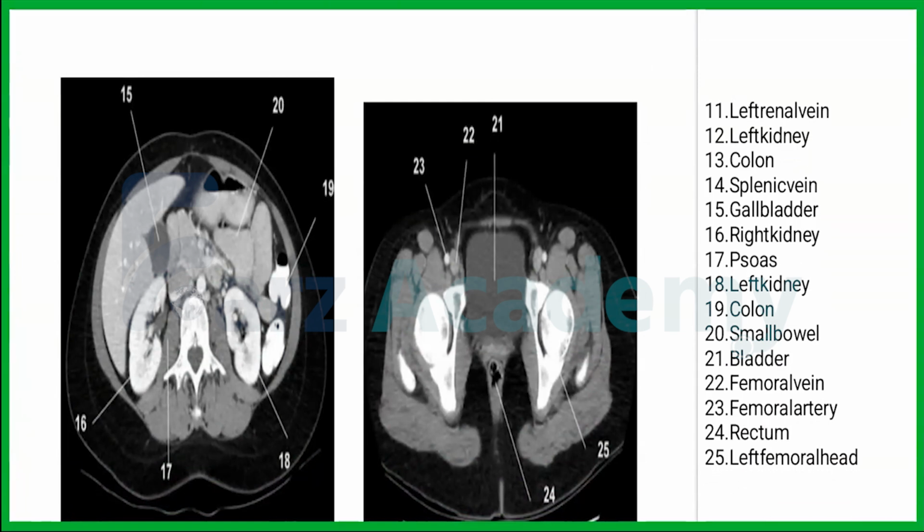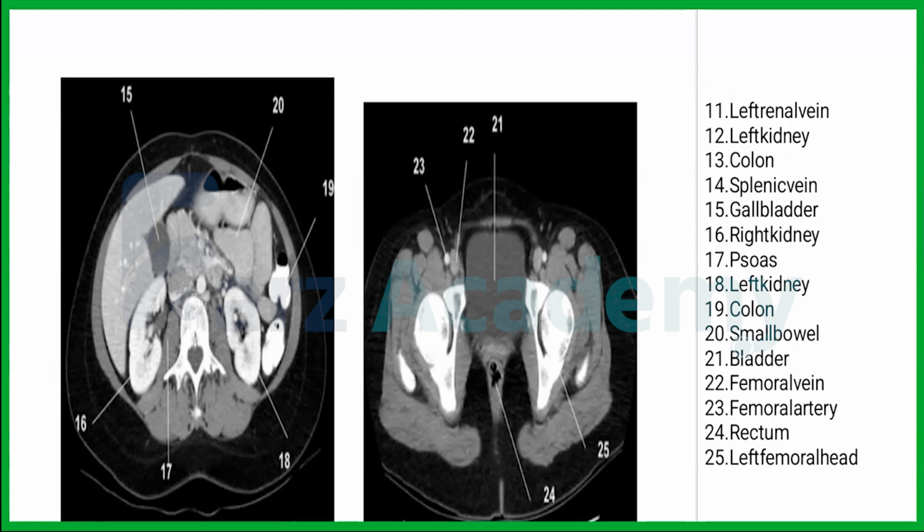Then you have a psoas muscle, left kidney, and the colonic picture. Then 20 is the small bowel, 19 is the colon, 21 is bladder, femoral vein, femoral artery, rectum.